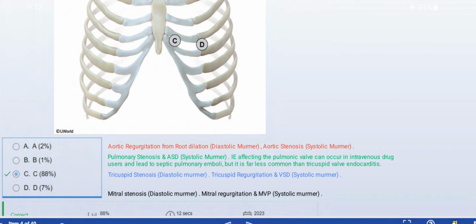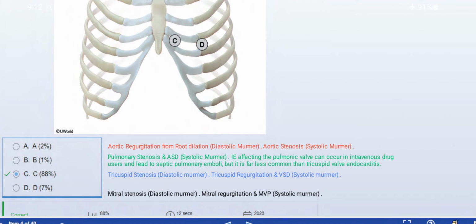Now, one thing which you should note is for these AV valves, whenever there is stenosis, the stenosis will produce a diastolic murmur. We have two types of AV valves.